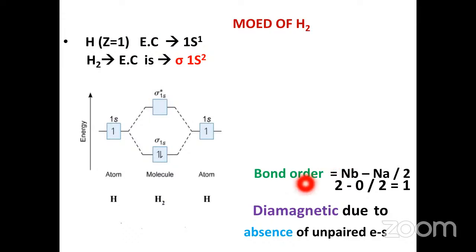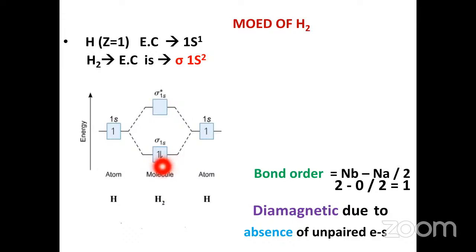Next, it exhibits diamagnetic nature because it does not have any unpaired electrons. Due to the absence of unpaired electrons, these molecular orbitals are filled with paired electrons. For diamagnetic nature, don't consider the electrons present in atoms; just consider the electrons present in the molecule.